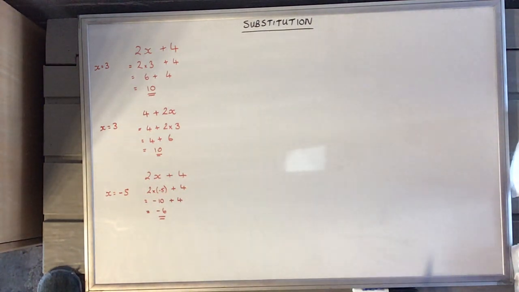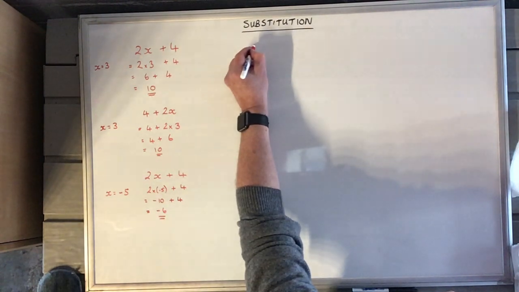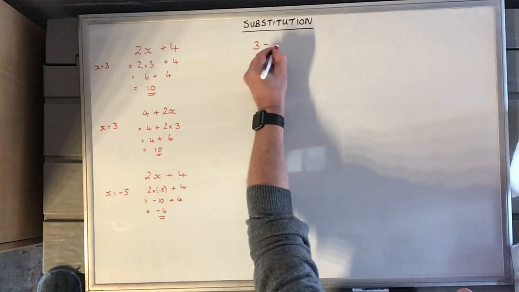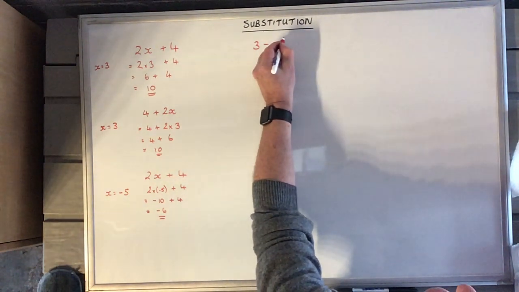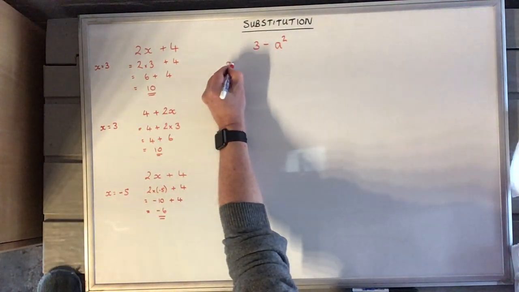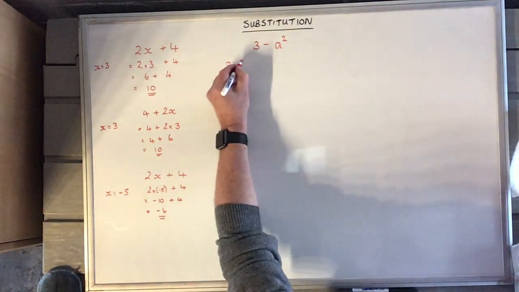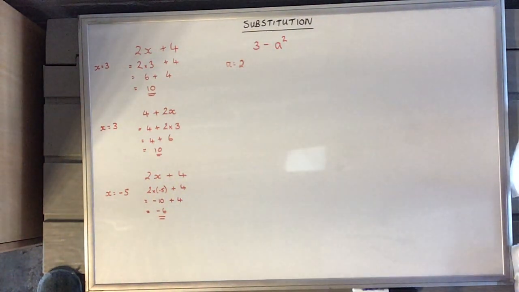Now we can make the expression a wee bit more complicated, so I expect you to know how to multiply out a bracket and to deal with powers. So let's make the expression a wee bit harder this time. I'm going to write it down as, let's see, 3 minus a squared. And I'm going to let a equal 2. So a is equal to 2.